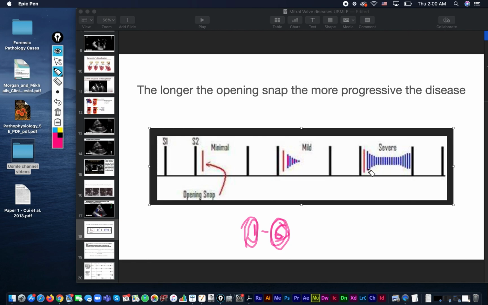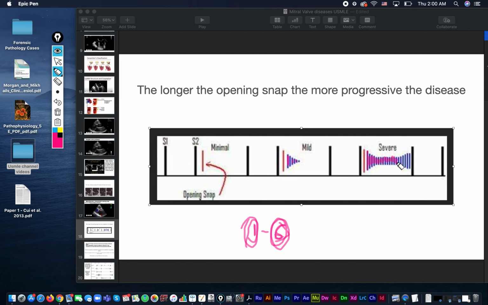Now here in severe, you see the same thing. They're closing, but the stenosis, it's not technically holosystolic, but look at this.